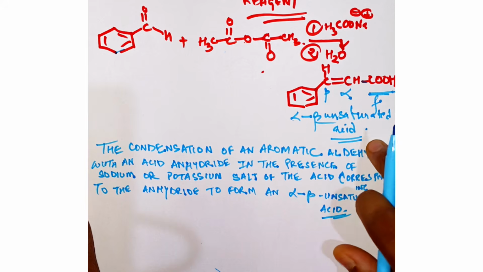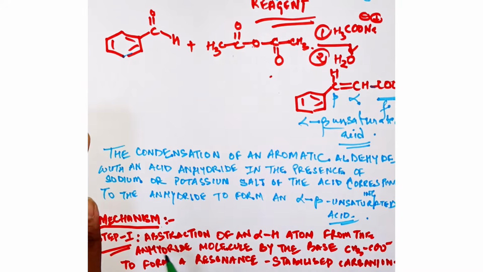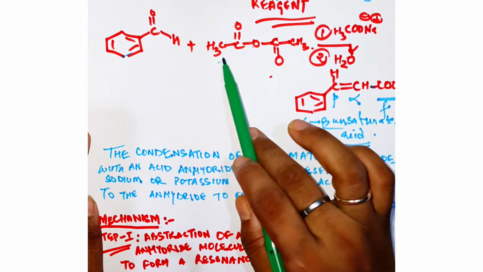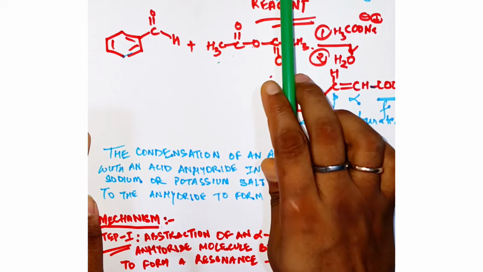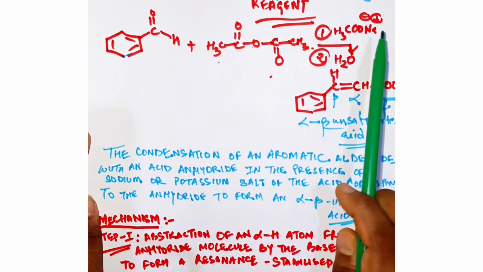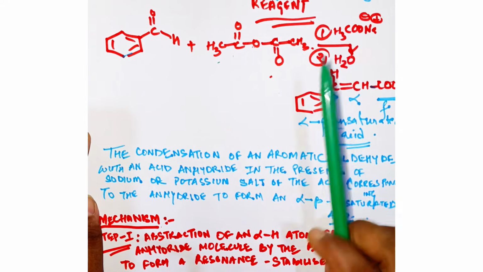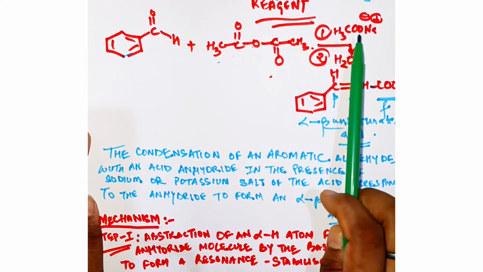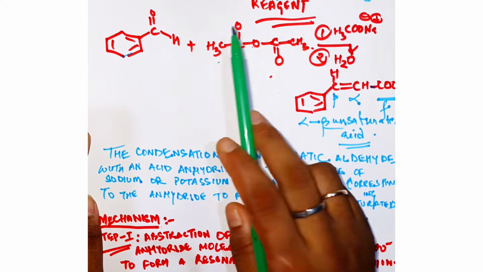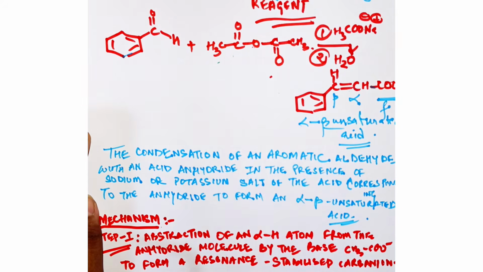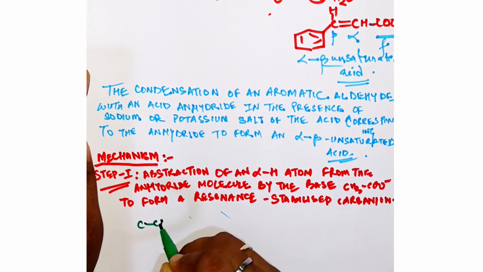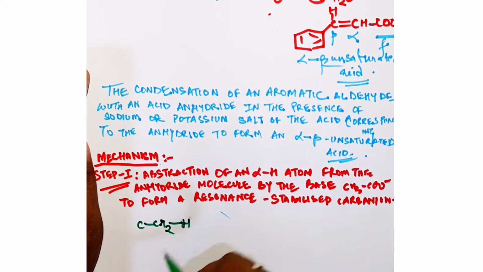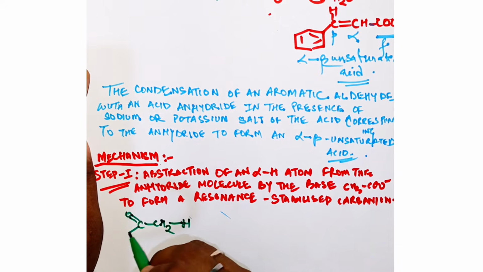Now we will go to the mechanism of this reaction. It is the abstraction of an alpha hydrogen. One alpha hydrogen is taken out from the acetic anhydride present in the reaction medium, with the help of the sodium salt of acetic acid, giving a carbanion intermediate. Draw it the way I am writing, step by step.